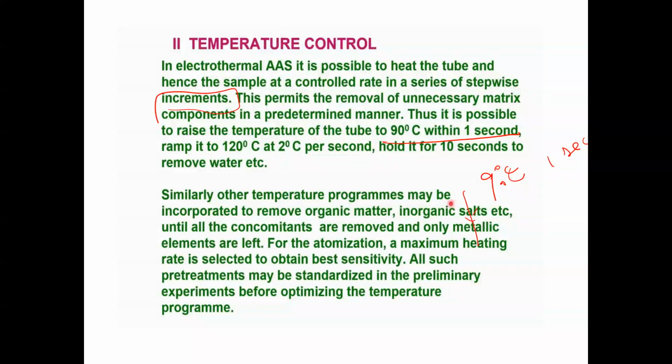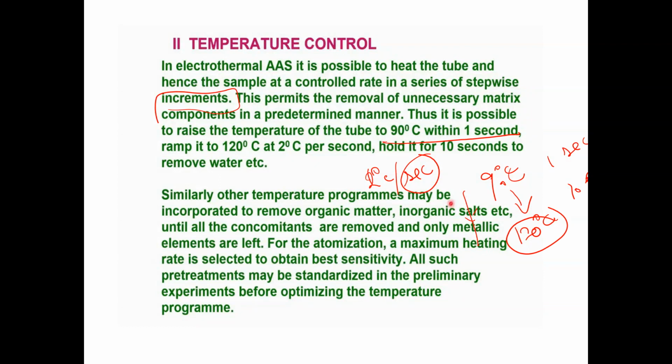Ramp means you provide the heating rate, like 2 degrees centigrade per second, and it increases up to 120 degrees Celsius and holds there for 10 seconds, right? So at 120 degrees Celsius, the water will be removed, not completely.